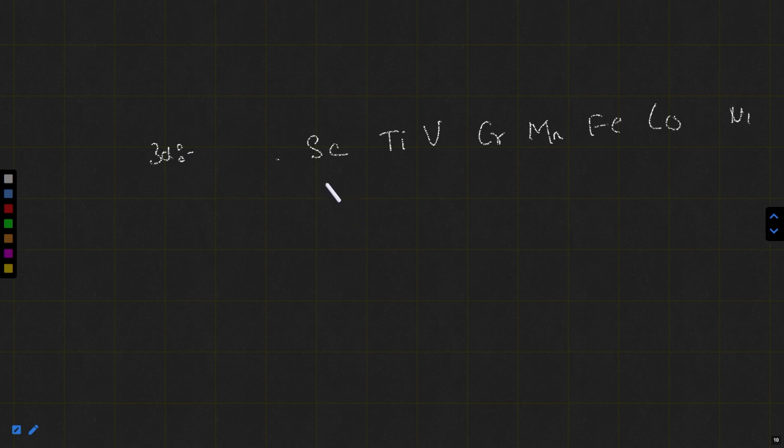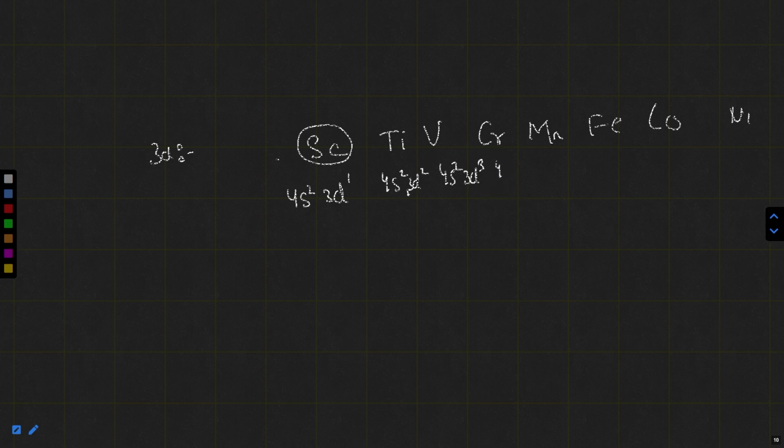Now if I talk about the electronic configuration of scandium, then it is 4s2 3d1. This is 4s2 3d2, and this is 4s2 3d3. Okay.